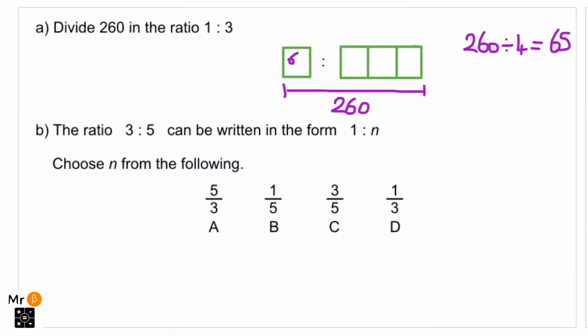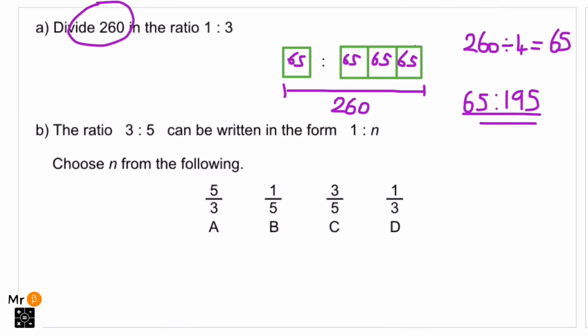This is 65, so we can write down 65 in each box. So now the first person gets 1 box, which is 65 pounds. The second person gets 3 boxes, which is 195 pounds. A nice way to check, add those 2 together. Do you get the total 260?